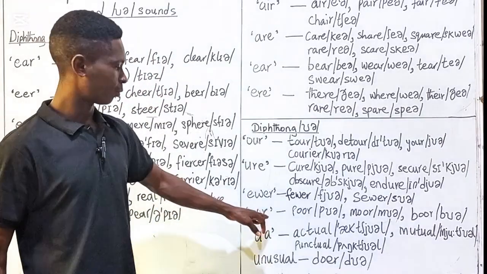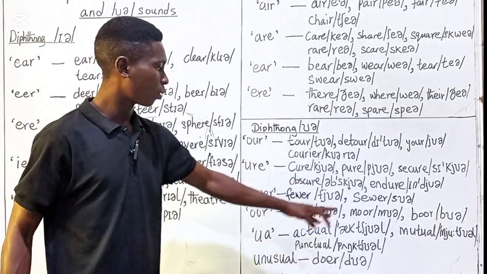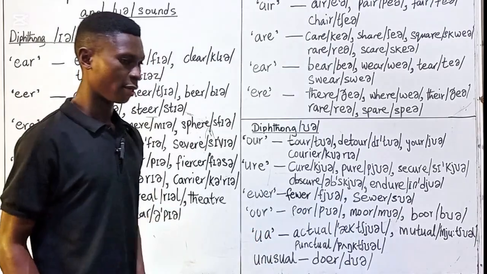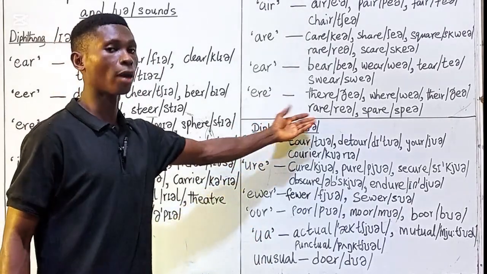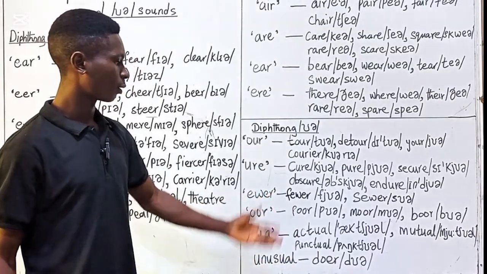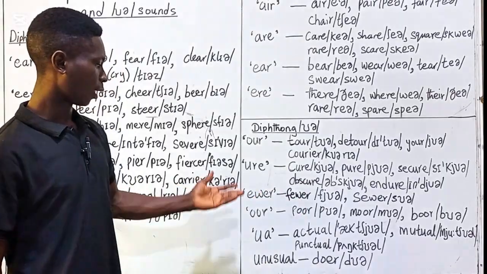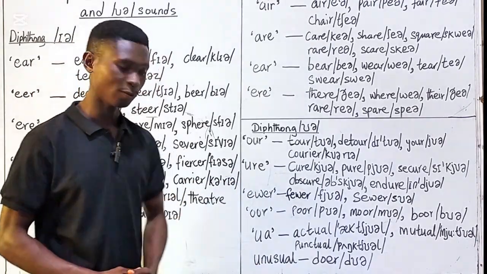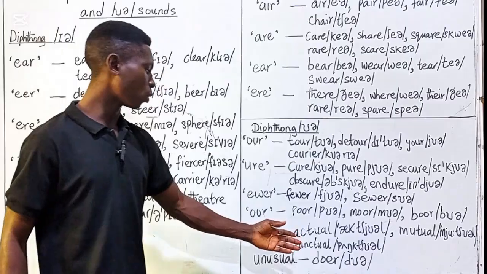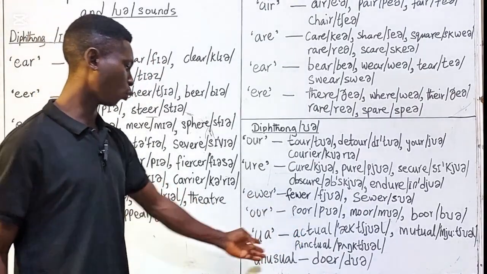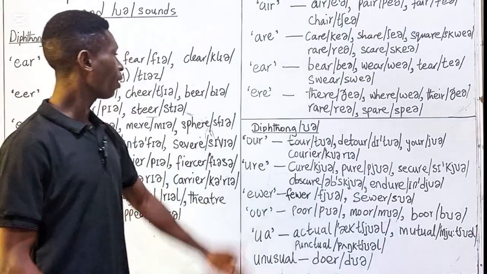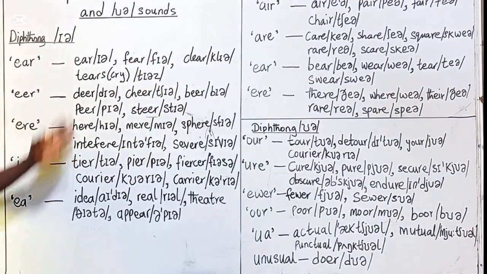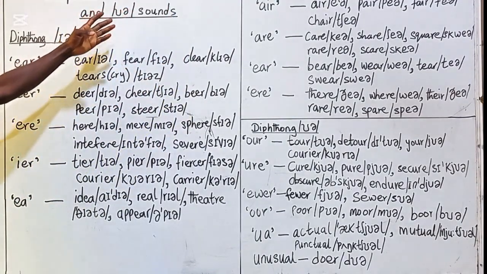Then OOR, or, more, were. Then UA is also the grapheme of the diphthong, as in actual, mutual, and punctual. We also have an unusual spelling, which is OER, doer, the word doer. All right, so these are the graphemes that can represent these three diphthongs.